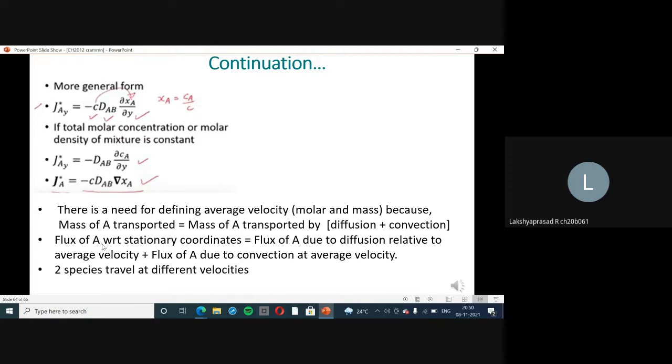So the flux of a species A with respect to stationary coordinates is equal to the flux of A due to diffusion relative to the average velocity that we will define in the next slide, plus the flux of species A due to convection at the average velocity. Of course there is a need for this because in a mixture the two species are travelling at different velocities.